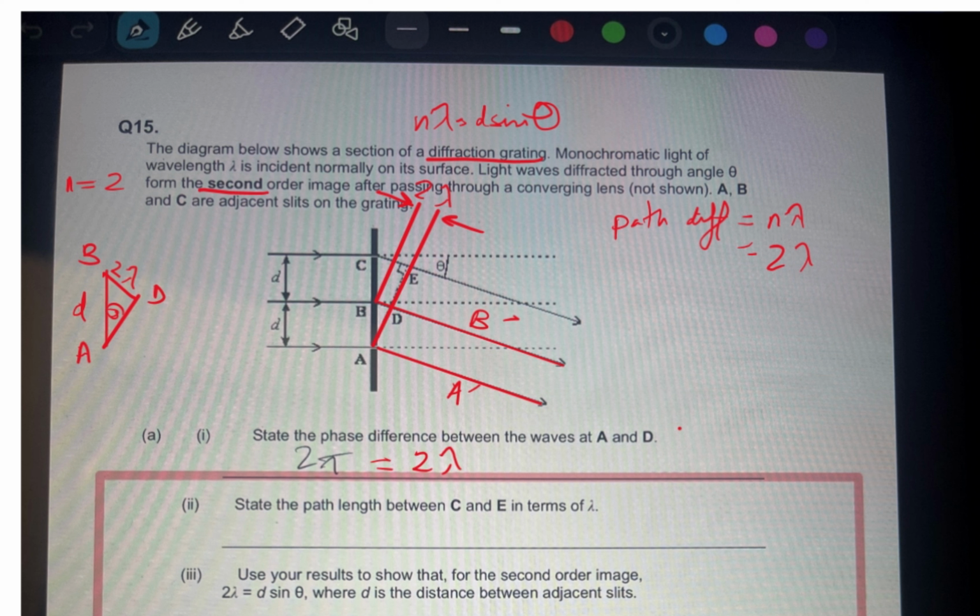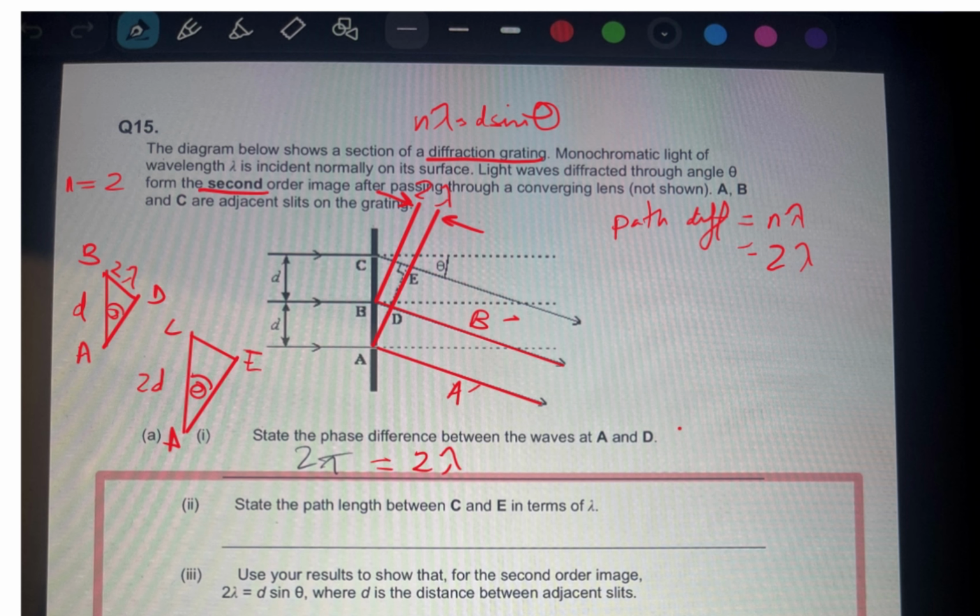Now if you look at A to C, if I draw that, there's A, C, and there's E. Theta's the same. This is now 2d.